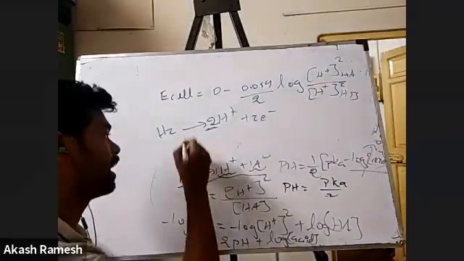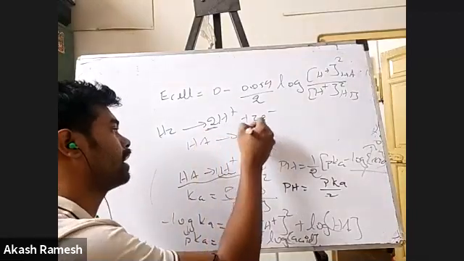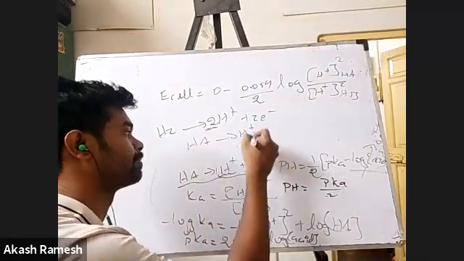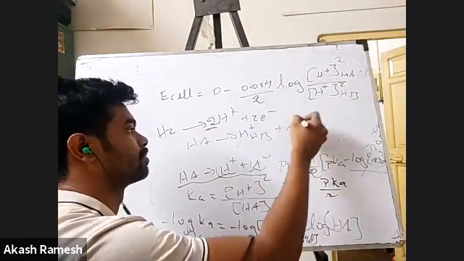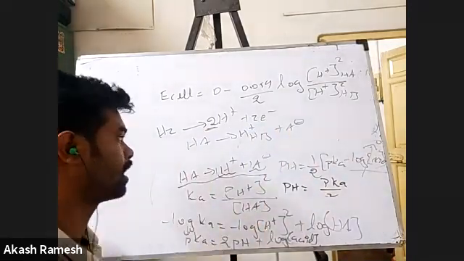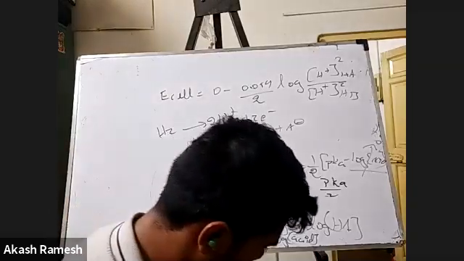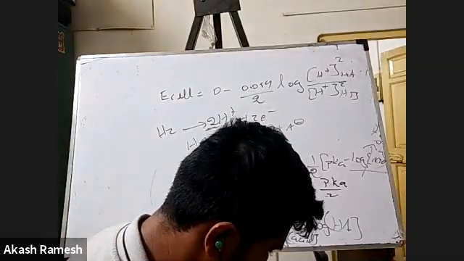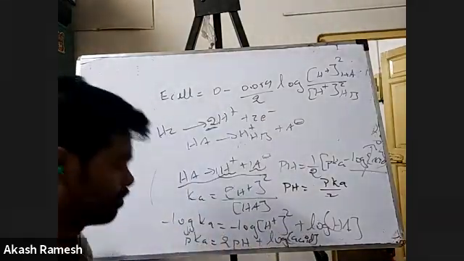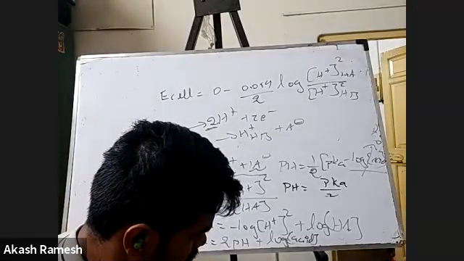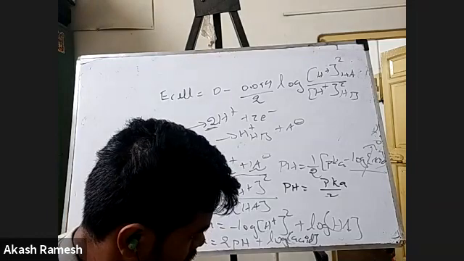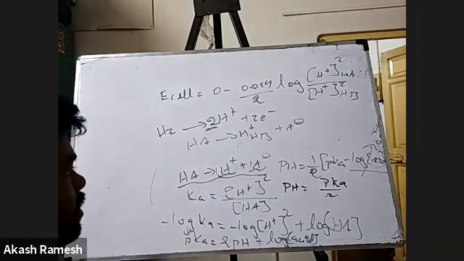Look at this. I have HA becoming H plus coming from HA plus A minus, right? That is what is happening. Am I right? Okay. Now, we cannot write it like this.